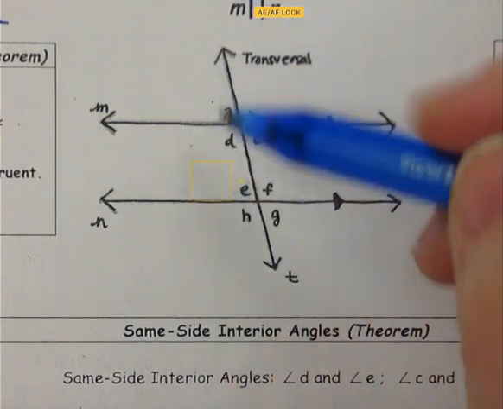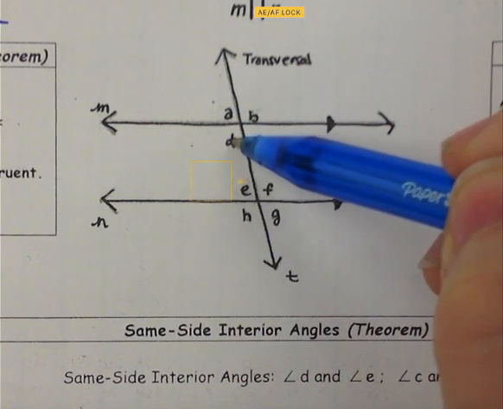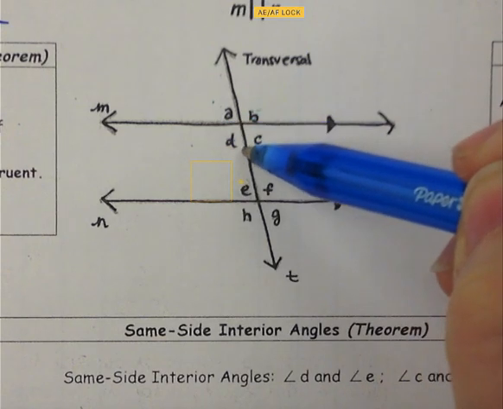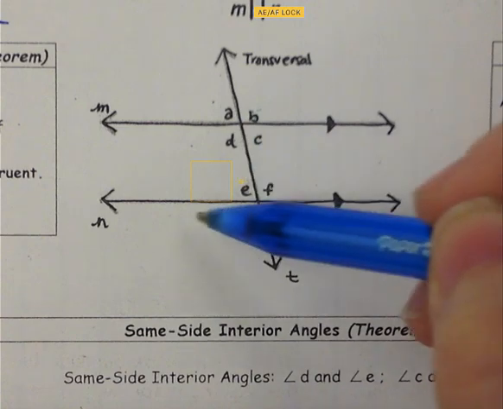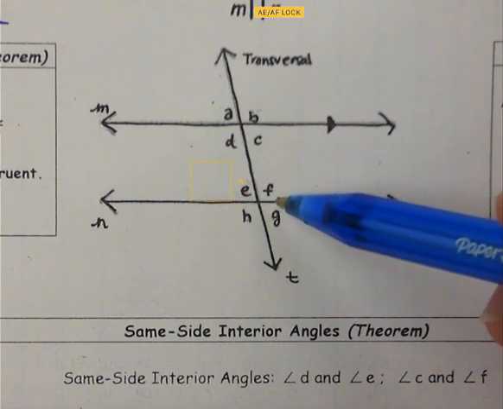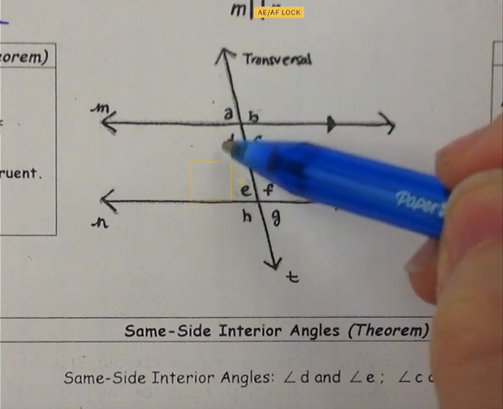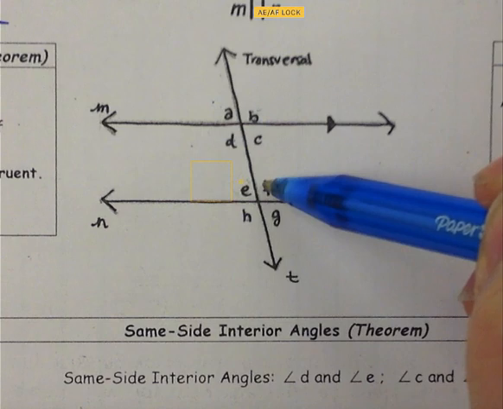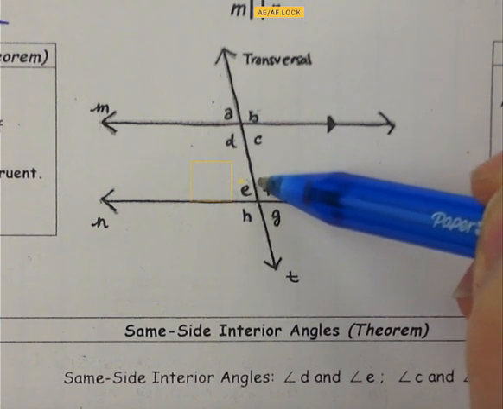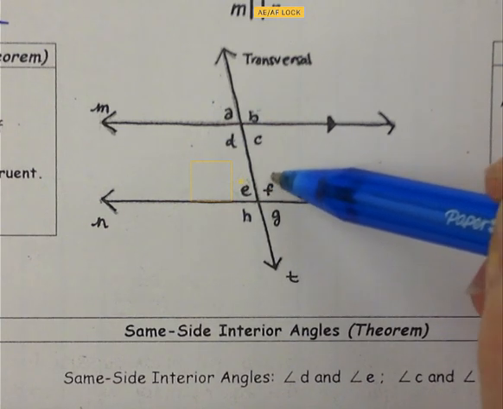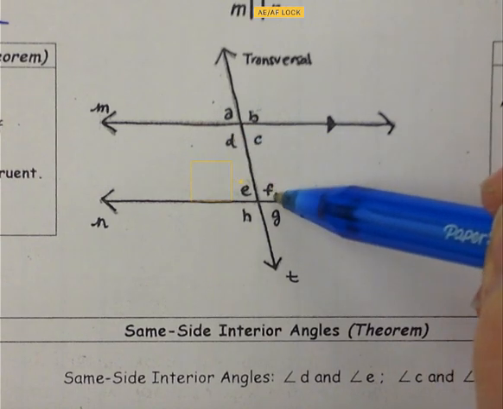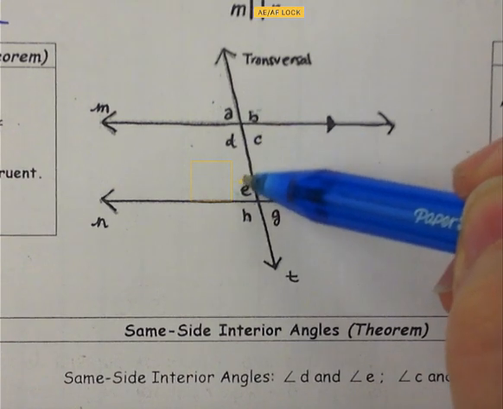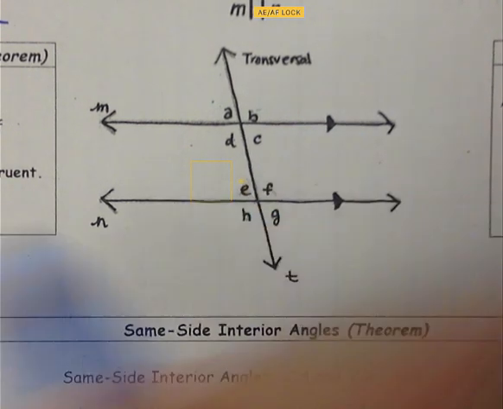So if we focus on angle D, now angle D is touching line M, so that means that my other angle has to touch line N. To be on the other side, it's on the left right now, I have to go to the right-hand side, and I have to stay inside the parallel lines, but it has to touch line N. The only angle that does that is angle F. So angle D and F are alternate interior angles. Therefore, angle C and E are alternate interior angles.